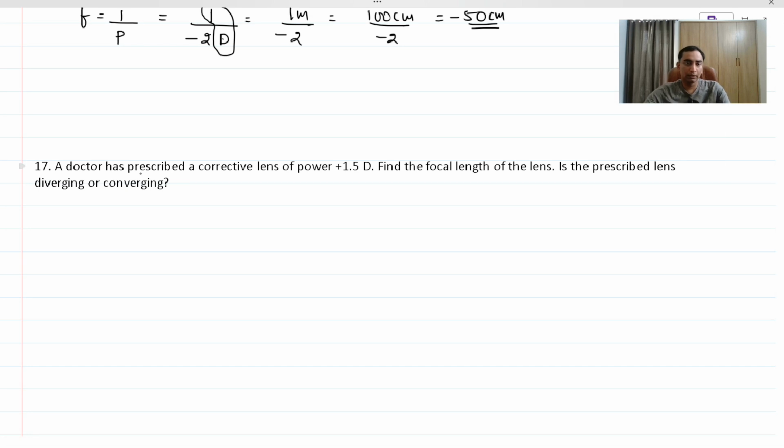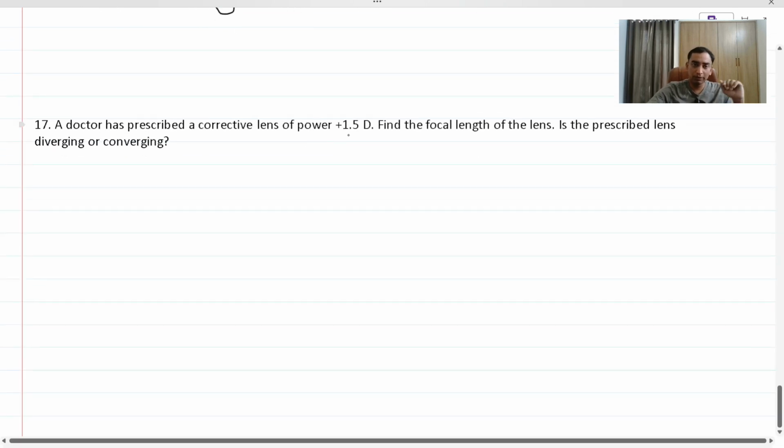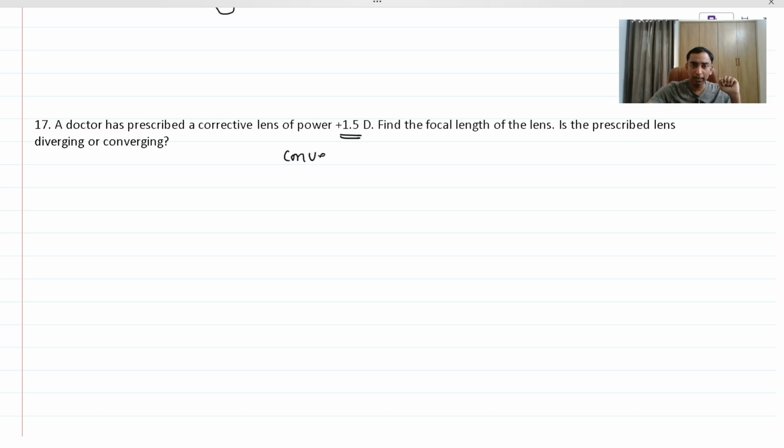Next. The doctor has prescribed a corrective lens of positive power. That means it is a convex lens, and convex lenses are always converging unless they are dipped in a liquid whose refractive index is more than that of the lens. In that case, it will behave as a diverging lens, right? We don't need to go into that much detail.